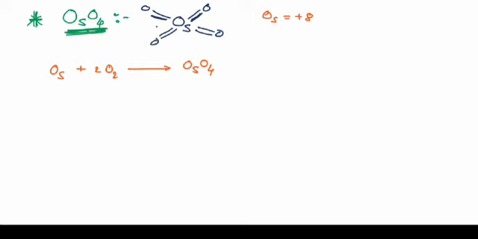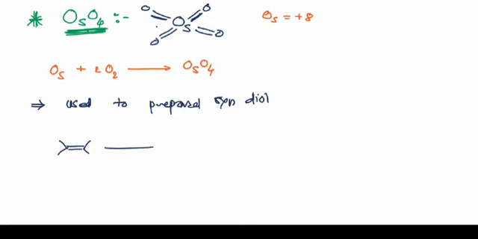Most importantly, this reagent is used to prepare the syn diol. This is the application of that reagent. And if you see the reaction scheme, you observe that this is OsO4.